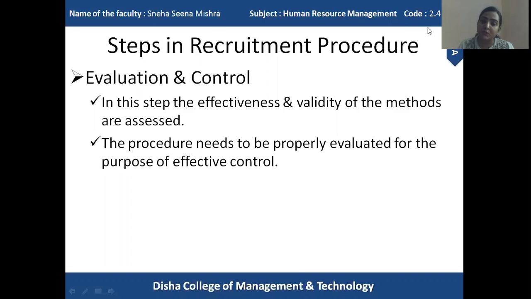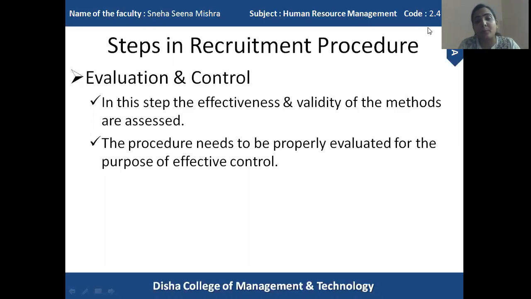So whatever sources of recruitment are selected, what is the method used for approaching the candidates, encouraging the candidates to apply for the job, what type of strategy is prepared, all these things are properly analyzed and evaluated to find out whether these strategies, these sources have been effective for the organization or not, or are there any different ways or strategies which could have been used to make the recruitment process more effective.